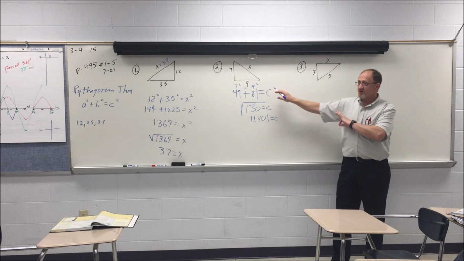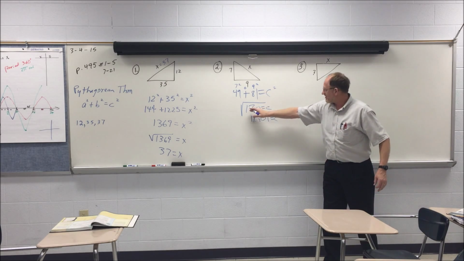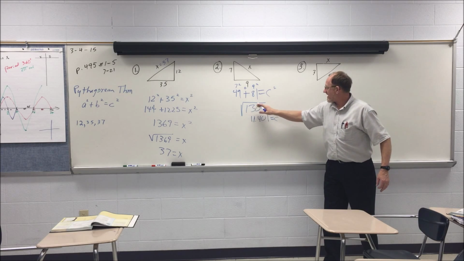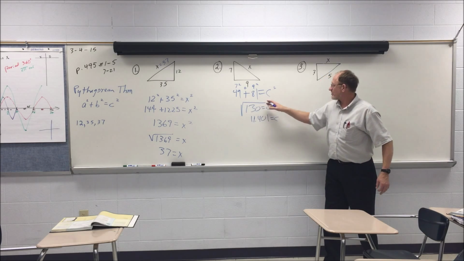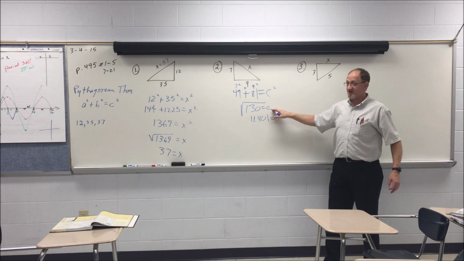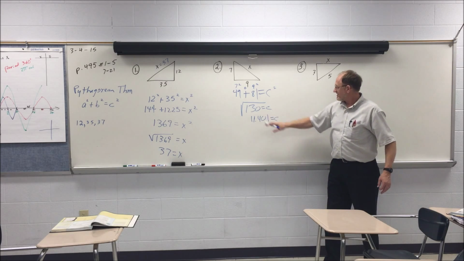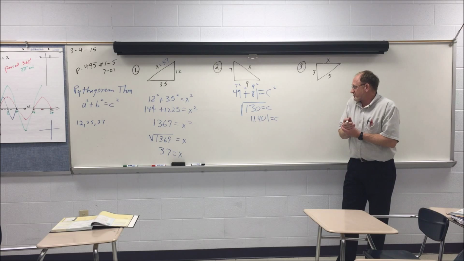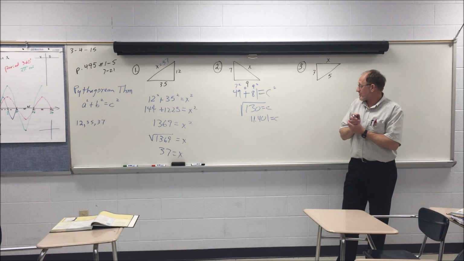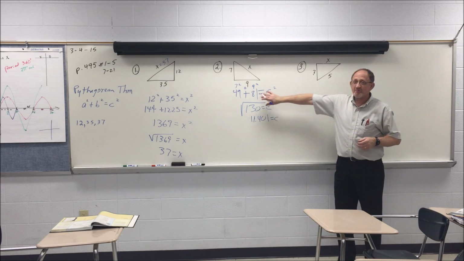He knew what he was doing, because he got 130, and so then you take the square root of 130 to find C, and when you put that in your calculator, it's 11.401. Questions about number 2?